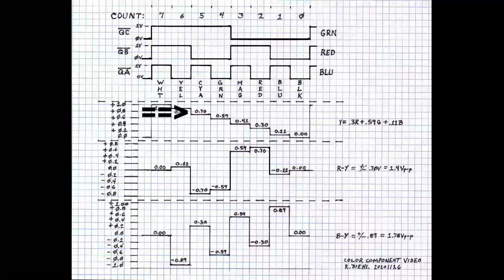Moving to the cyan bar, you'll see that it has a brightness value of 0.7 because we are taking the 0.59 of the green and the 0.11 of the blue and adding it together, and you get 0.7.